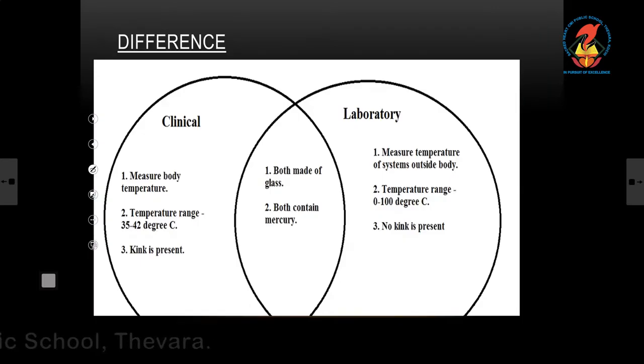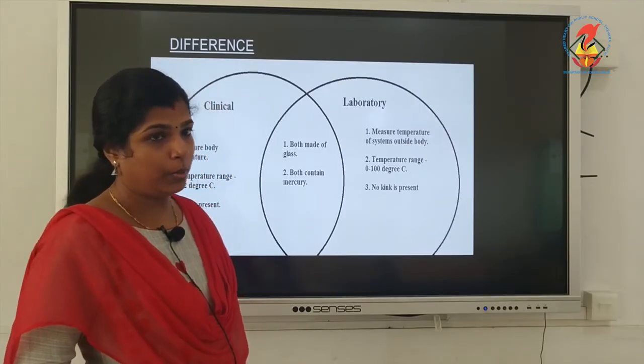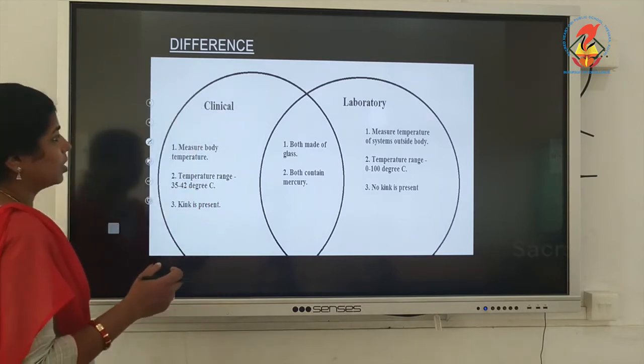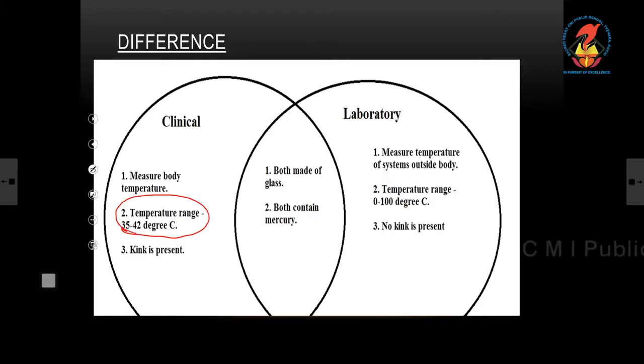Now, what's the difference between a laboratory thermometer and a clinical thermometer? The main difference: a temperature of 35 to 42 degrees Celsius can be measured using a clinical thermometer. Here it's from -10 to 110 degrees Celsius.